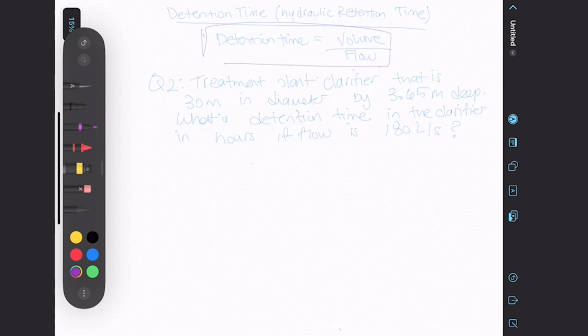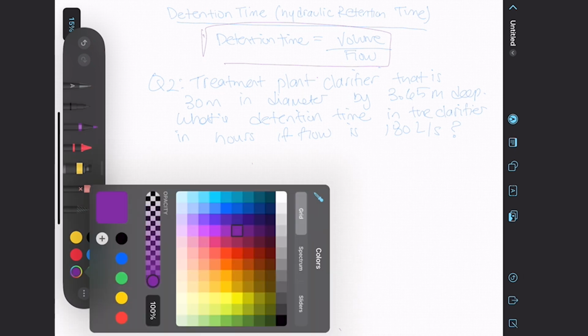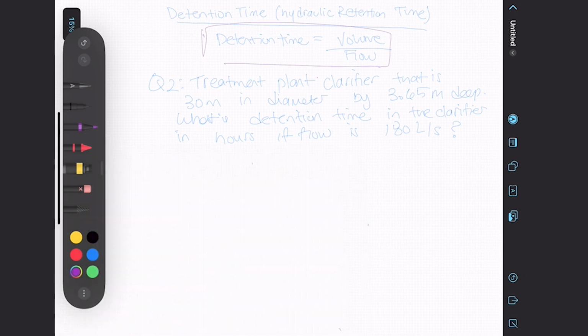All right, so we have another problem here where we're discussing detention time, and it is saying that we have a treatment plant clarifier that is 30 meters in diameter by 3.65 meters deep. And it's asking us for the detention time of the clarifier in hours if the flow is 180 liters per second. Okay, so let's draw out what we're given.